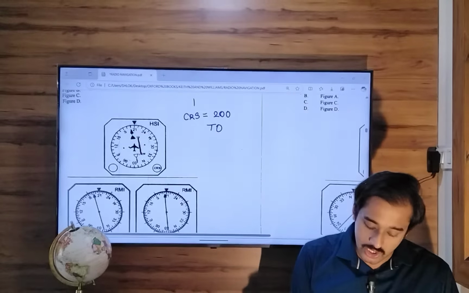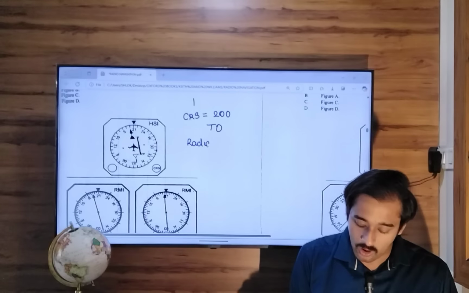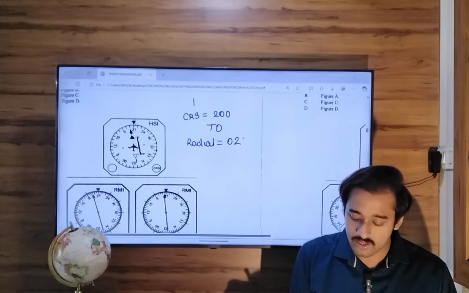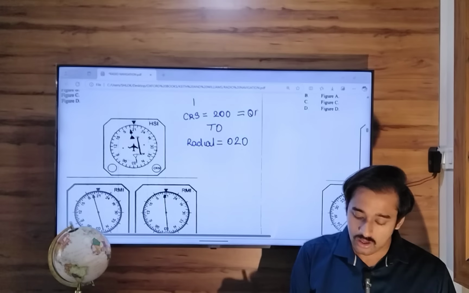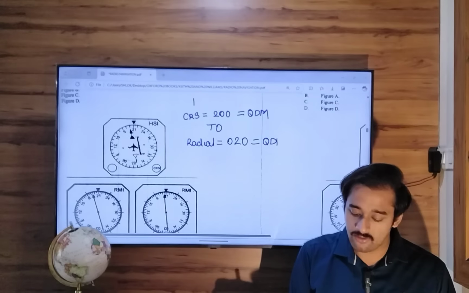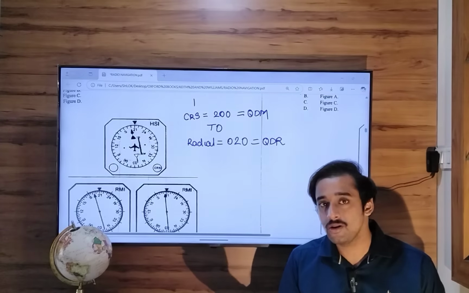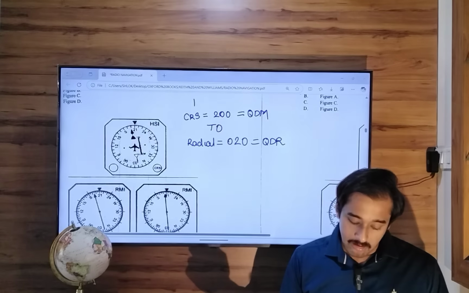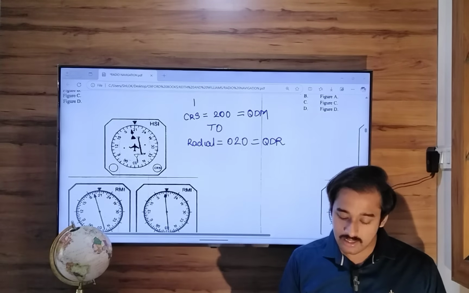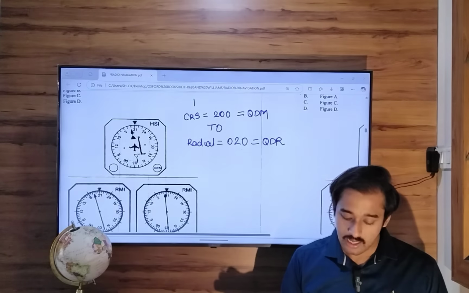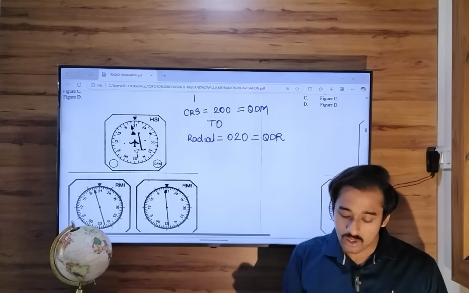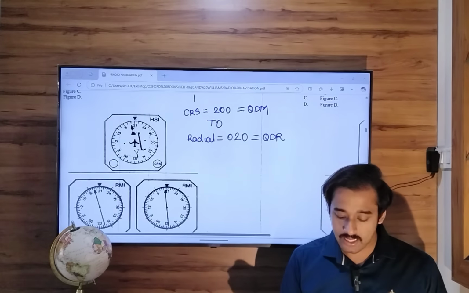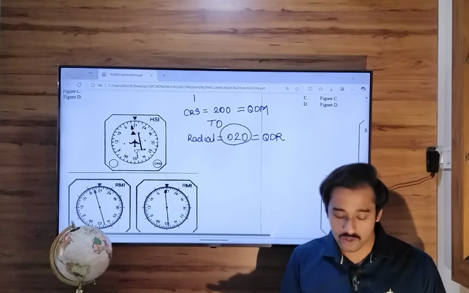That means we will be situated on a radial of 020. If the track towards the station is 200, then the track away from the station, that is the radial we are situated on, will be 020. In this condition, the tip of the RMI VOR needle should point towards 200 and the tail should be pointing at 020.